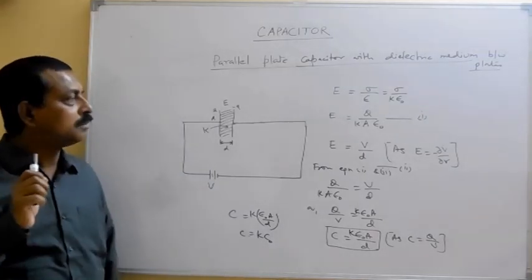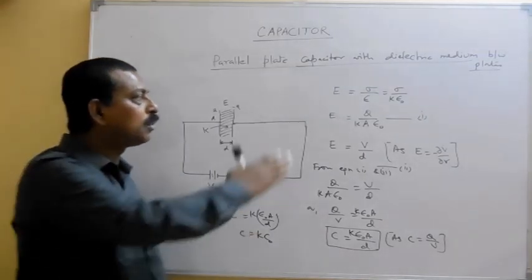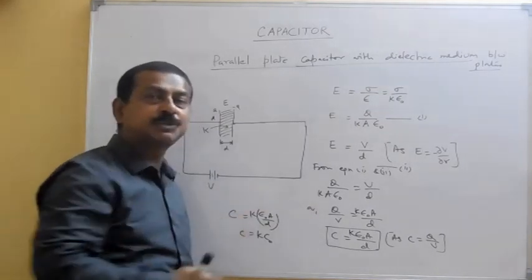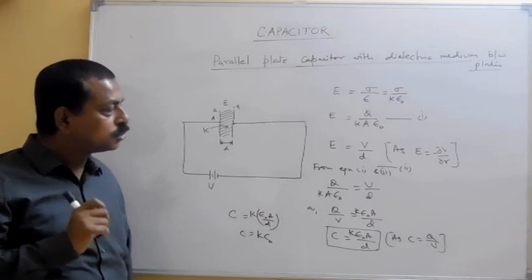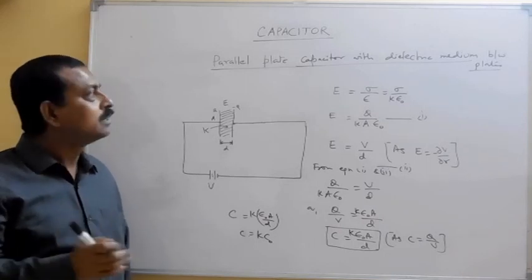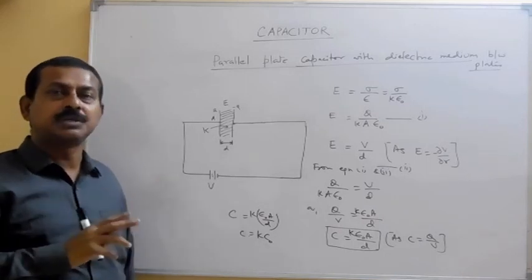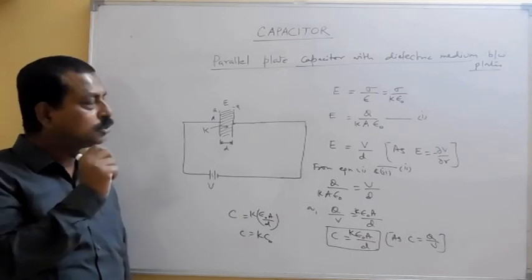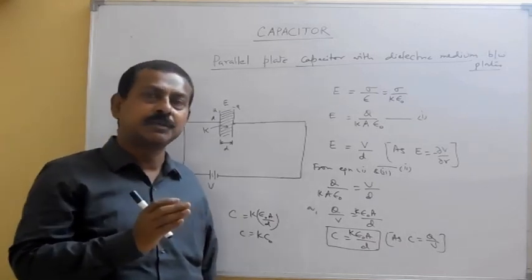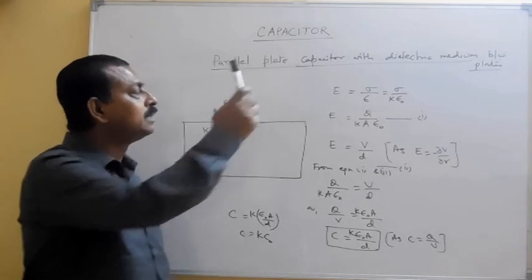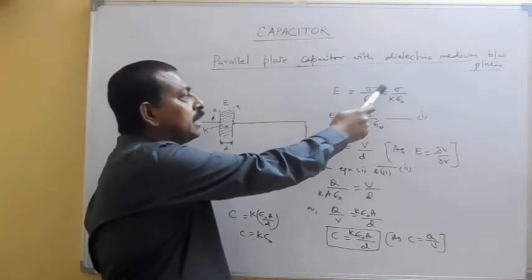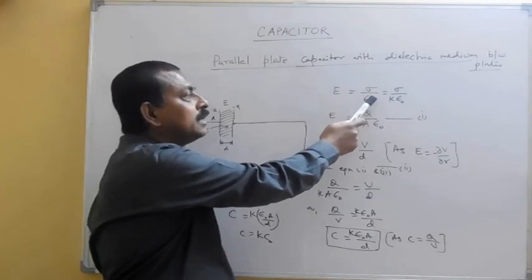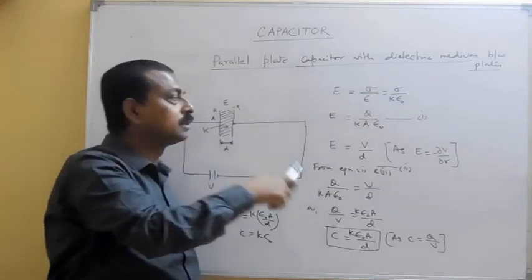Now, you must have noticed, I have not erased the derivation which we have done in the previous case. Just to show you that the derivation of the two is not different, you just have to make a little modification in the expression, like instead of E naught we have used E. So we have written this as sigma by epsilon, not epsilon naught.